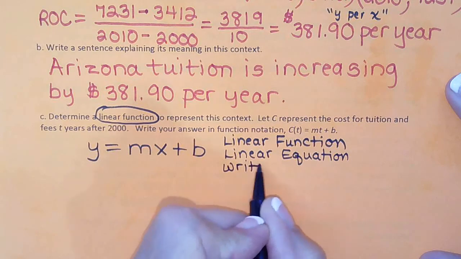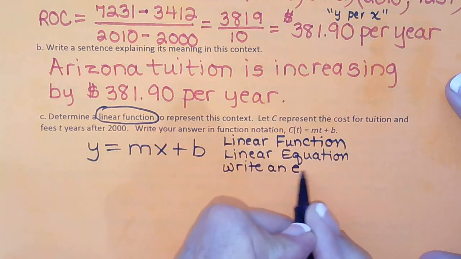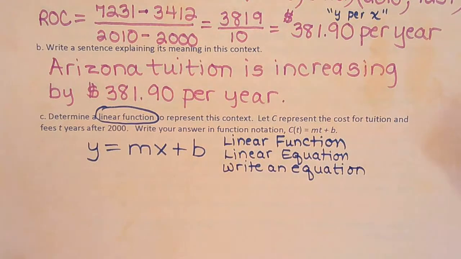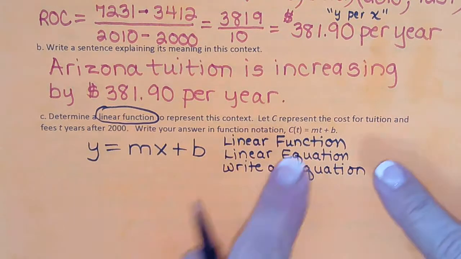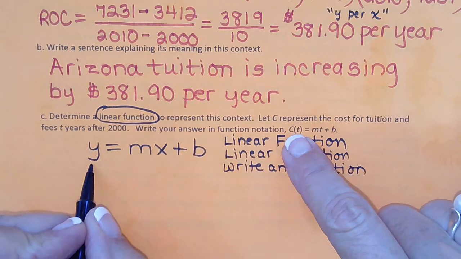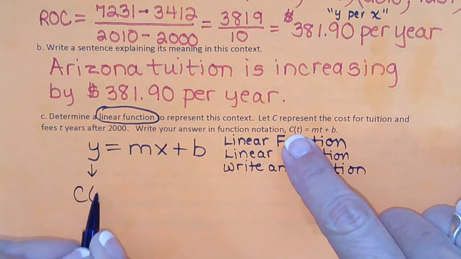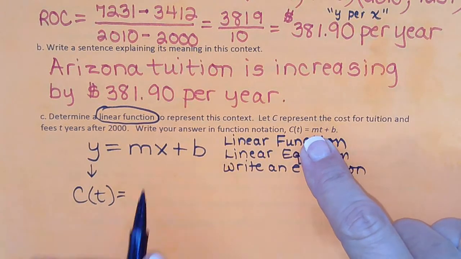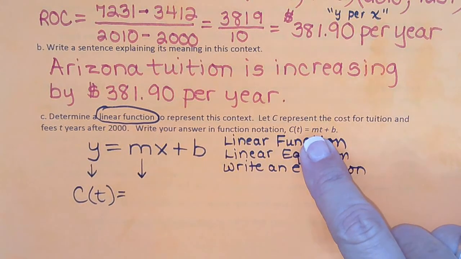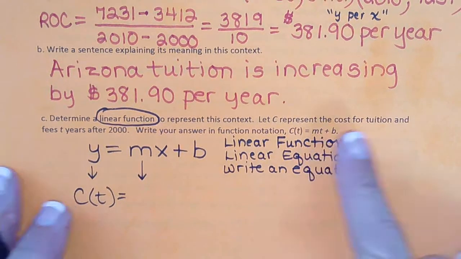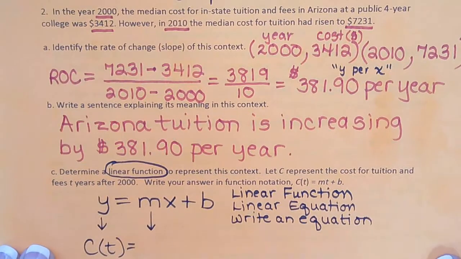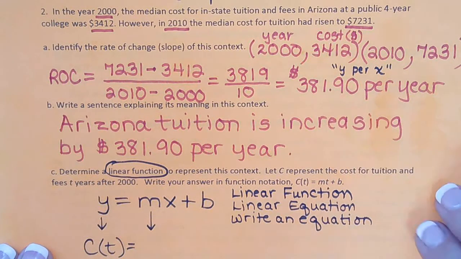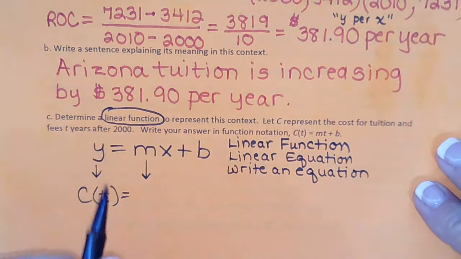So anytime you see words like that, that tells you to write y equals mx plus b. And the function just tells you to use function notation. So they're telling us what y is. So y is c of t. We need to fill in the slope. So what are we going to fill in for slope? Didn't we just find it? 381.90, so $381.90.